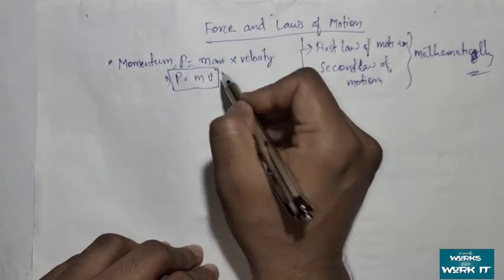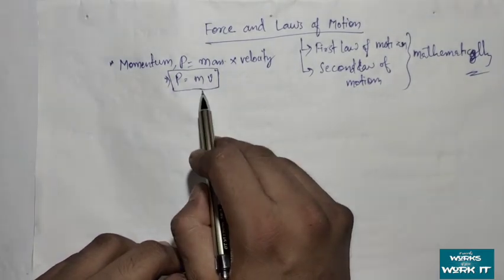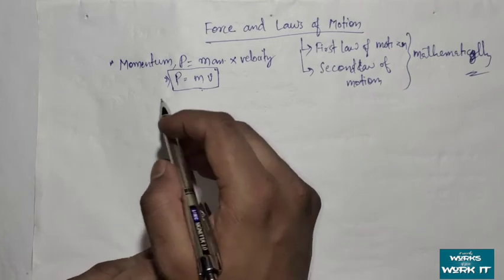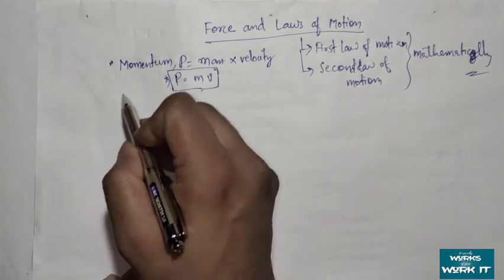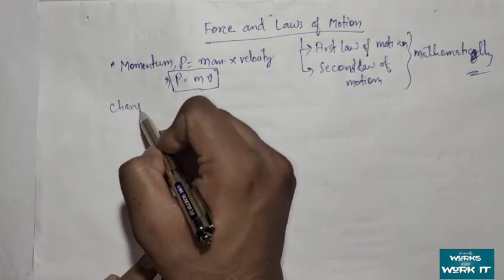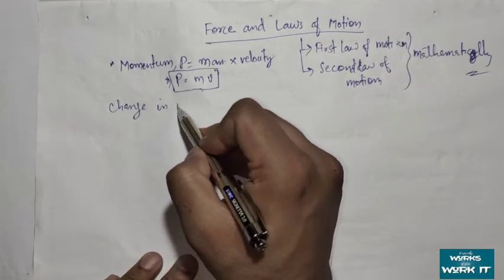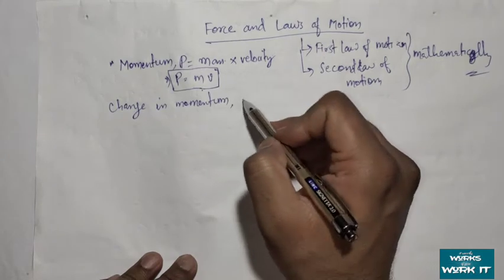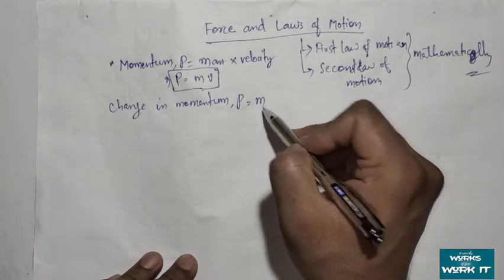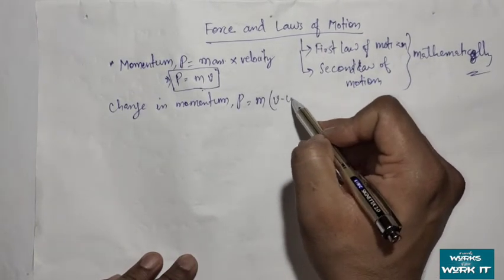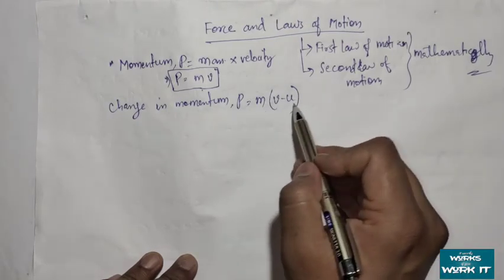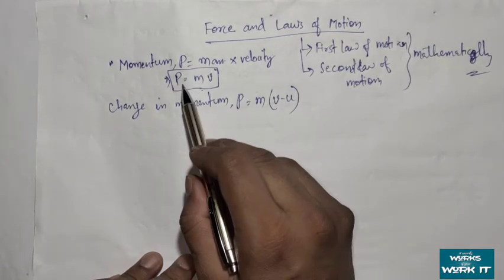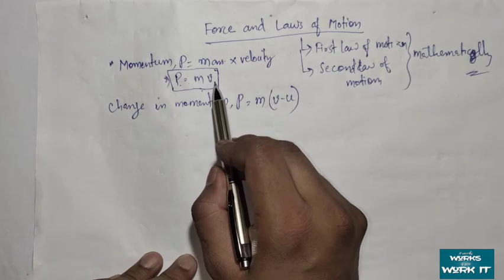So this is the formula for momentum, P equal to mv. When we have the change in momentum, that means it will become v minus u. So this is the change in momentum.